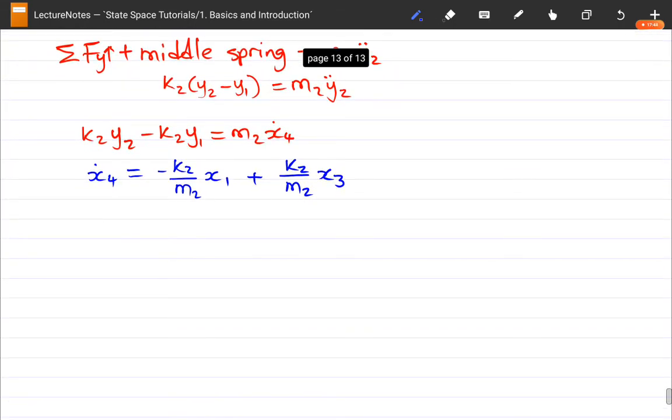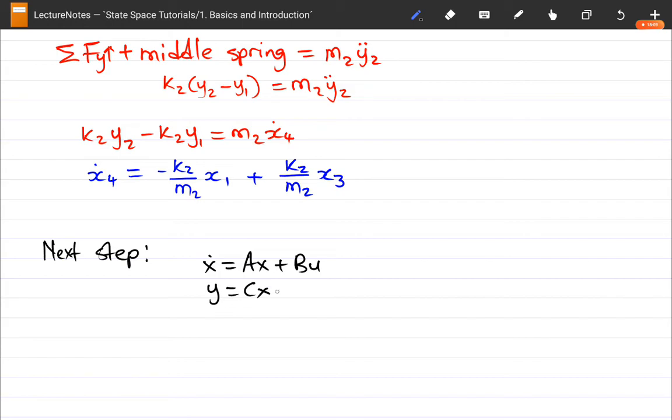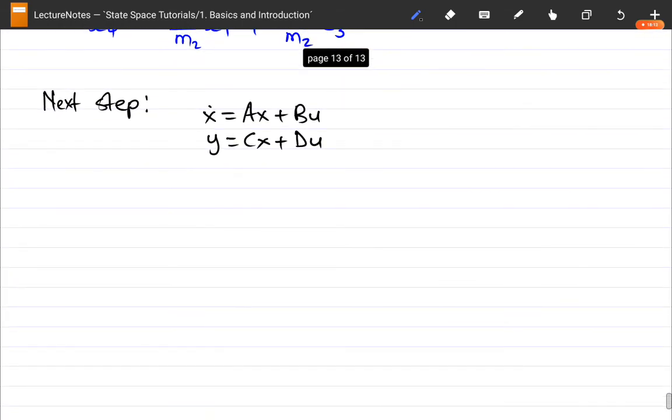So next step, I'm just going to write this in black. And say next step, we would like to have our x dot equals Ax plus Bu, and our y equals Cx plus Du, matrix equations.